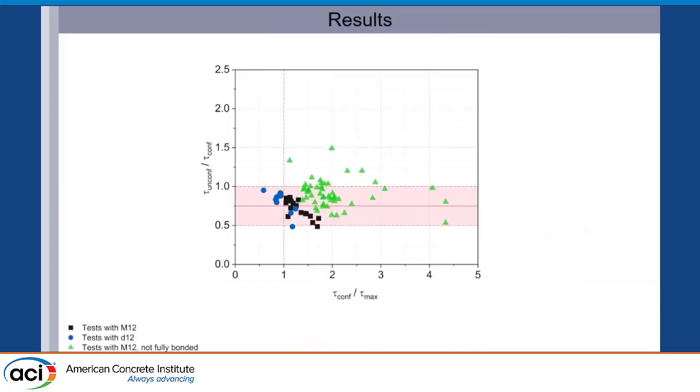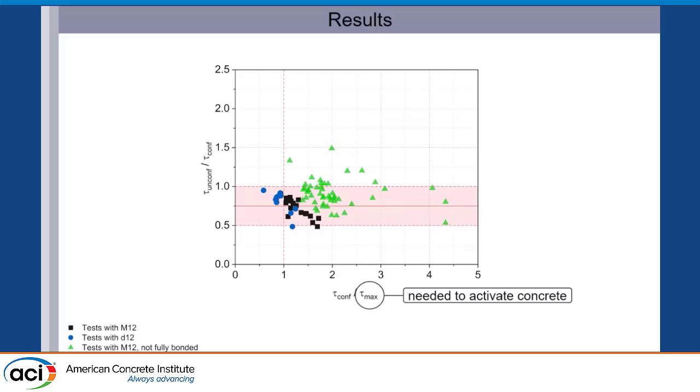Now if we see the previous results in another diagram, in this case we have on the y-axis the ratio between tau unconfined and tau confined. This would be our alpha setup. And on the x-axis we have tau confined to tau max, where tau max is the bond strength needed to activate the concrete. In this case, 3 different data sets are shown.